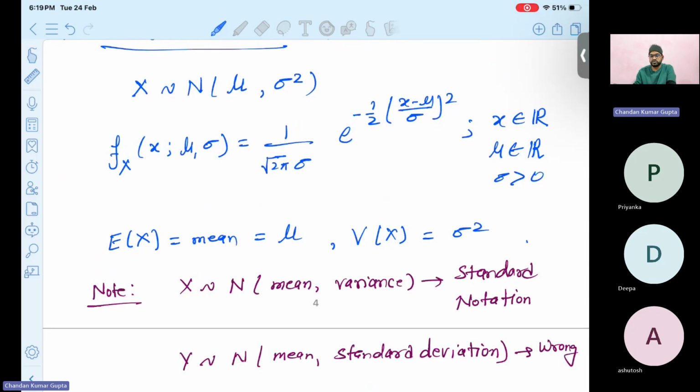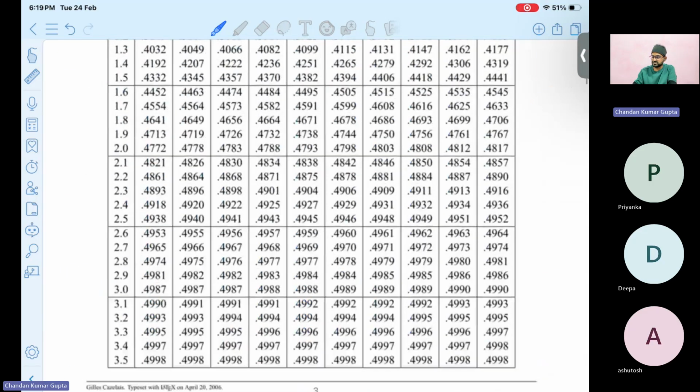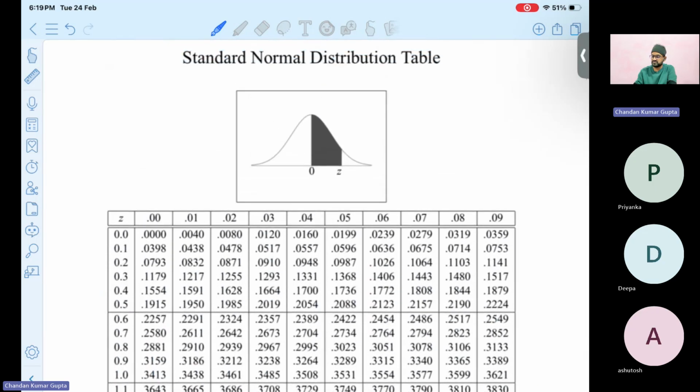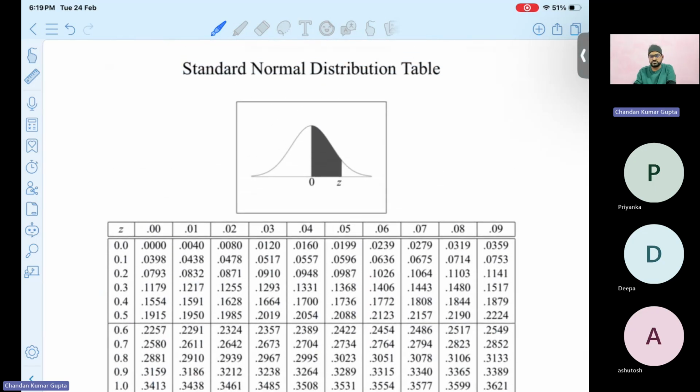That means the cumulative distribution function of the normal distribution is not in closed form. So we use approximation methods, and with the help of those we have a normal table. That normal table is not for all values of mu and sigma, but for the standardized values, that is, the standard normal distribution.